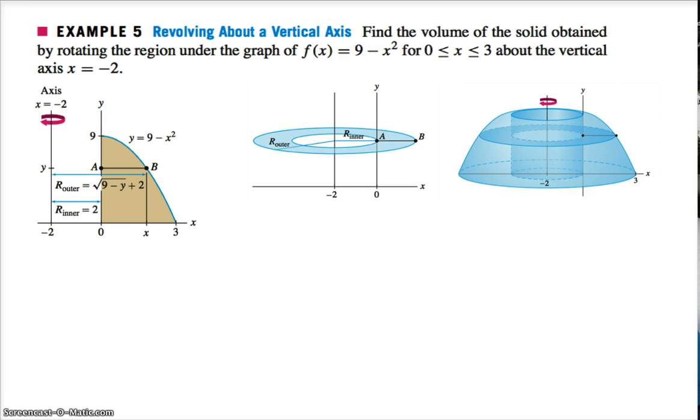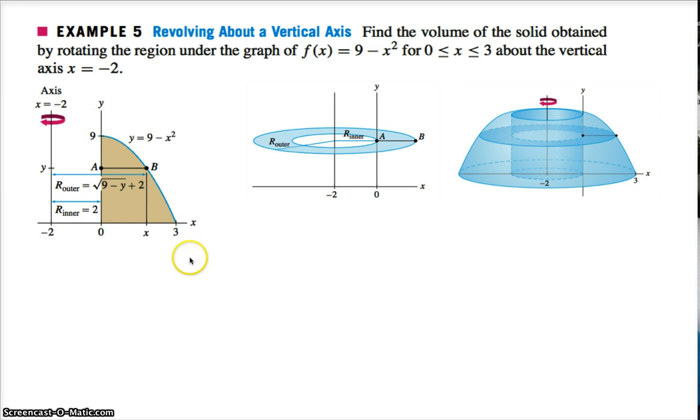Okay, so we're going to spin this region around. There's space in between this left bound x equals 0 and the rotational axis. So that means when we rotate it around, we're going to get this solid with a hole in it. So this is one of those examples where it's a difference of volumes.